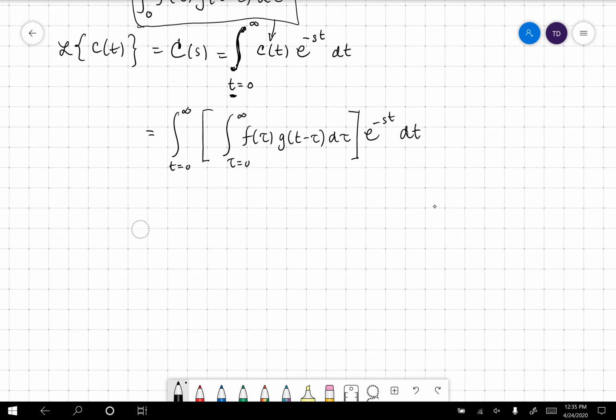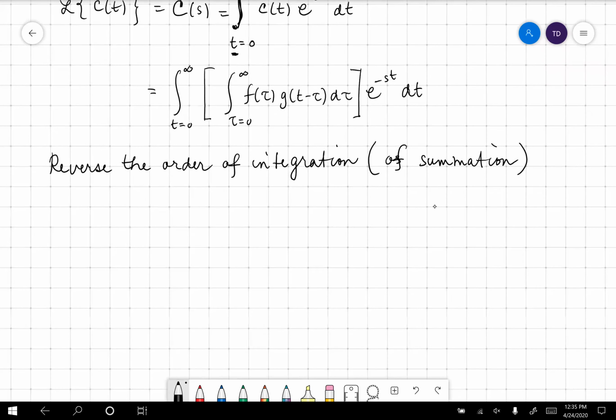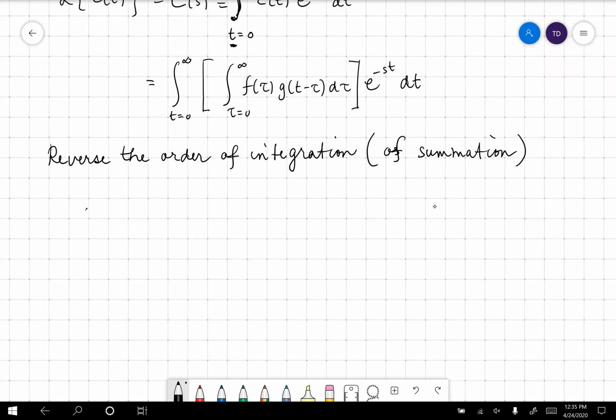All right, so let me write the notes so you know what I'm doing. So we're going to just reverse the order of integration, of summations. Just remember, an integral is a sum. We're adding it up. So I'm going to reverse the order. So therefore, C of S is going to be equal to the integral from tau equals 0 to infinity.